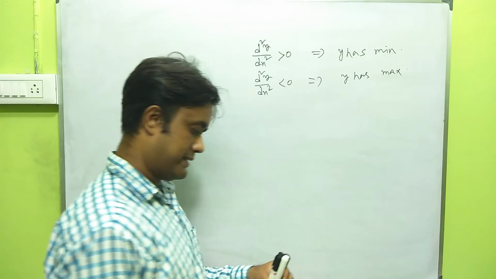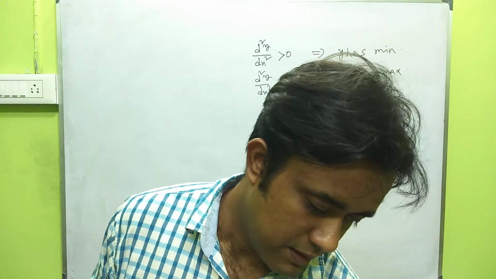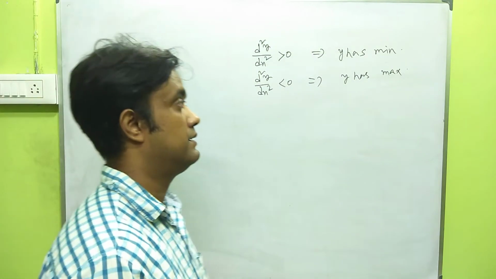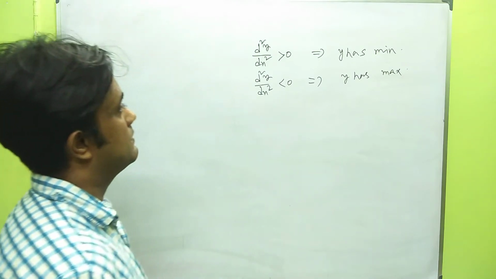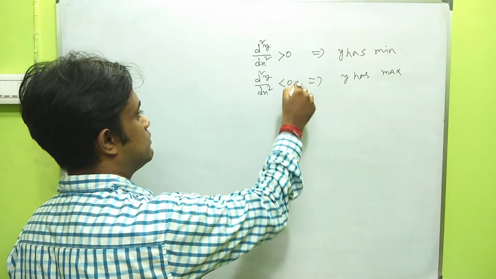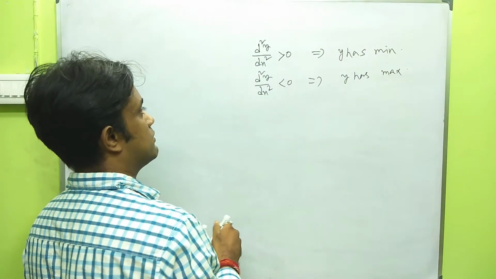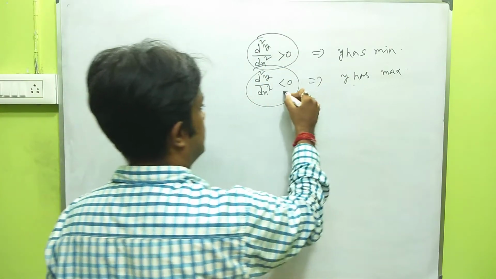We try to understand, and I also try to explain to make you understand the concept. So first, d2y by dx2 greater than 0 and d2y by dx2 less than 0. Why y has minimum value for this condition and why y has maximum value for this condition.